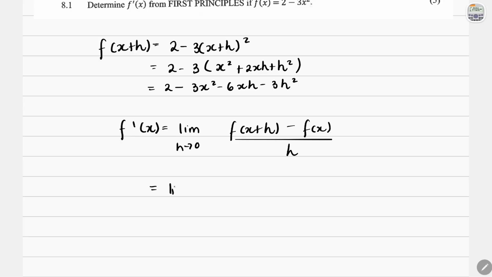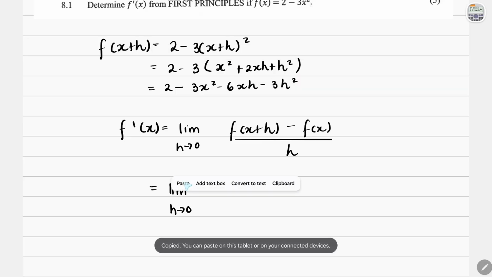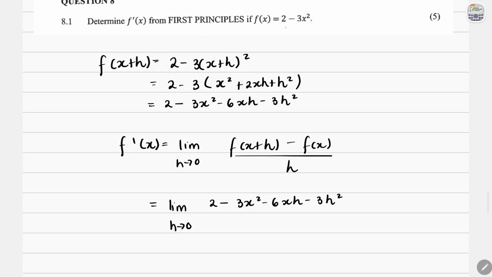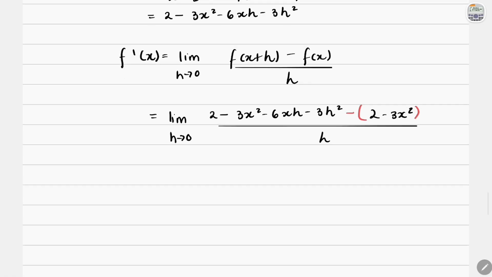So this is equal to the limit as h approaches 0, and in place of f of x plus h, we're going to substitute our f of x plus h, and then we're subtracting by f of x. Now you see that f of x has two terms, so it has to subtract by the 2 and the negative 3x squared. So we can protect it with brackets to ensure that it does apply to that. So that's 2 minus 3x squared all over h, and then distribute.